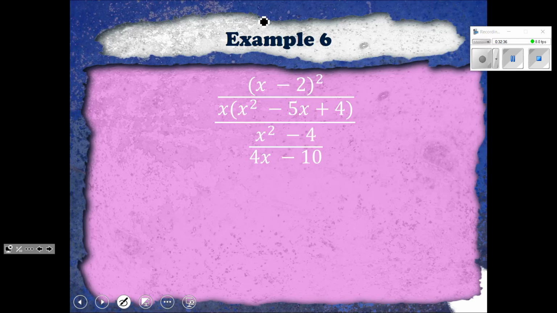Yeah, so some people would say, using your properties of exponents, you take the 2 to the x, and you take the 2 to the 2, and you get x squared minus 4. You know what? That actually is not correct. You can only distribute to everything on the inside when it's a monomial. That only works with monomials. Do you understand that? If it's a binomial, when you square something, you're multiplying it by itself.